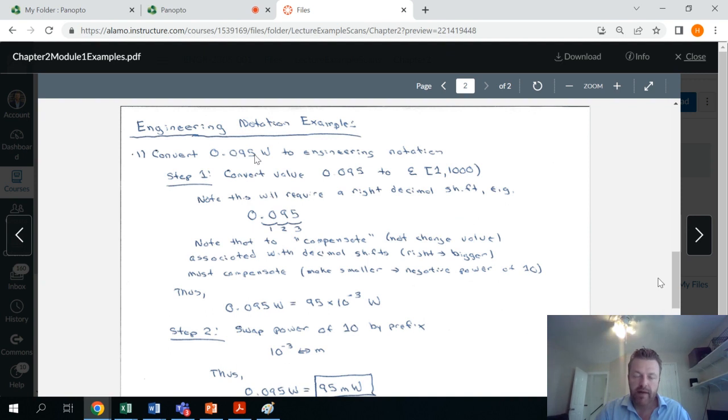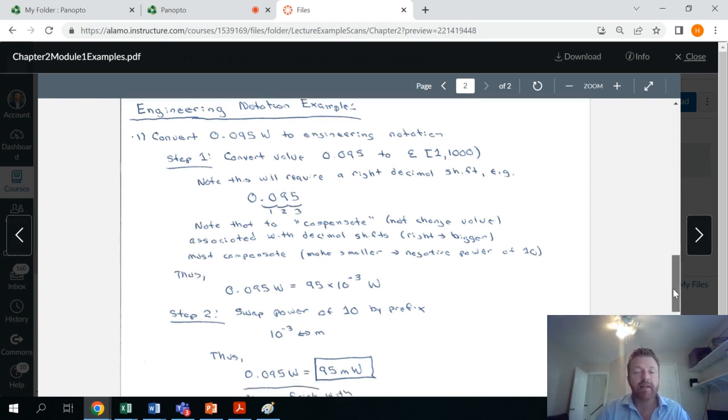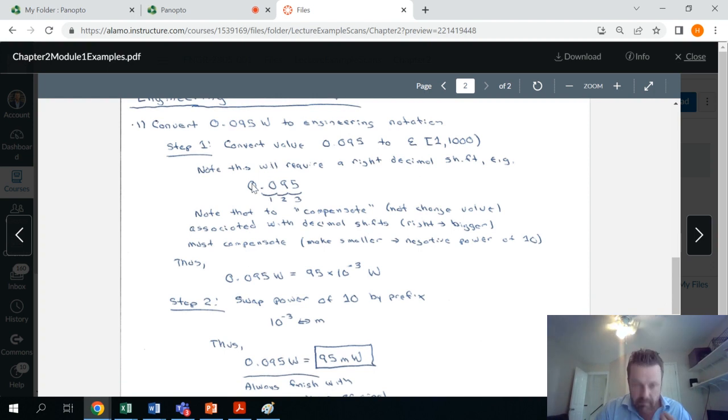So 0.095 watts. To convert it to engineering notation, we note that this number is not between 1 and 1,000. We can make it between 1 and 1,000 by shifting the decimal 3 places to the right. That's basically making the number 1,000 times bigger. We just can't say, oh, 0.095 is equivalent to 95. If we wish to make the number 1,000 times bigger in order to make it between 1 and 1,000, to compensate, we're going to have to multiply by an adjustment factor that's basically going to undo what we did.